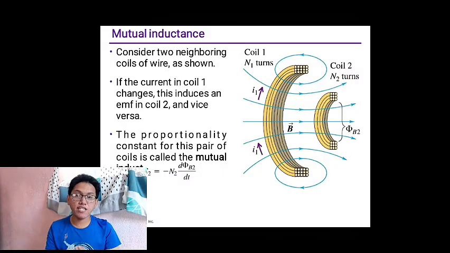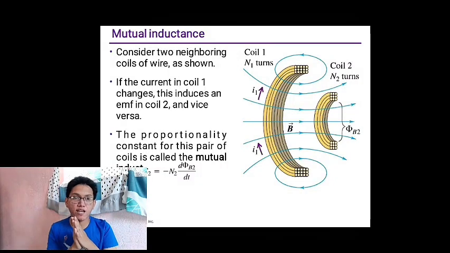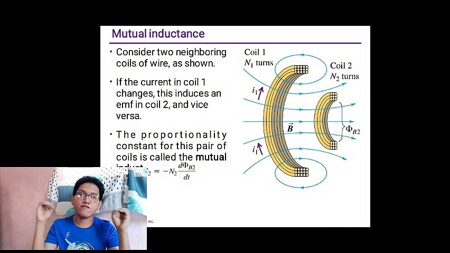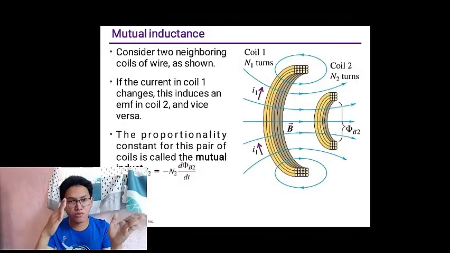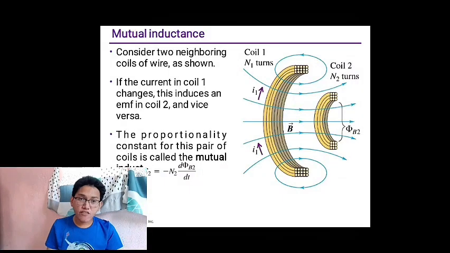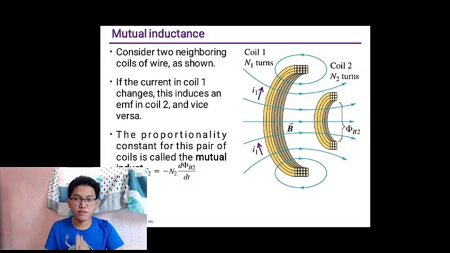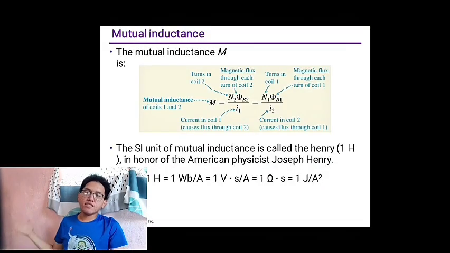This phenomenon is called mutual inductance, which involves two coils. We can have other materials, but the good example is the coils. It involves the passing through of the magnetic field from one coil to another, and that is what we call mutual inductance. Mutual inductance is defined as follows.